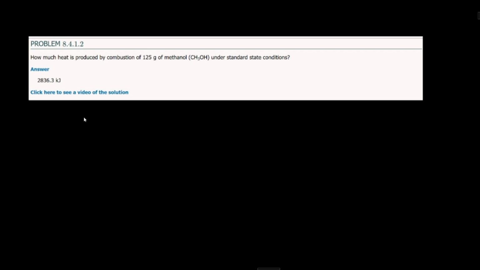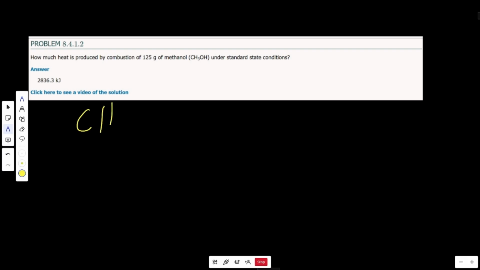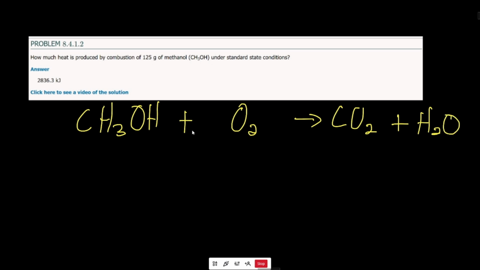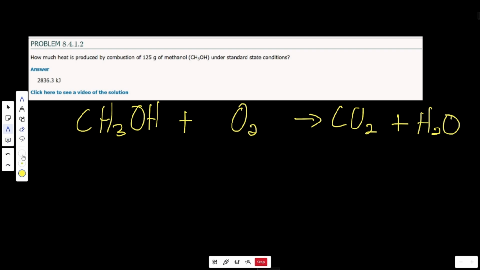Now, what is a combustion reaction? To recall GenChem 1, it's when any element or compound is exposed to oxygen and it produces complete combustion. It produces carbon dioxide and water. In standard state conditions, we have to apply the states of matter involved. This is in gaseous form.